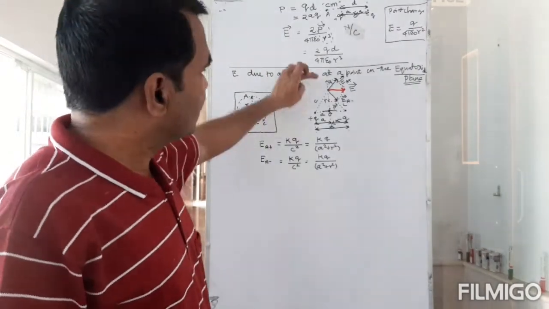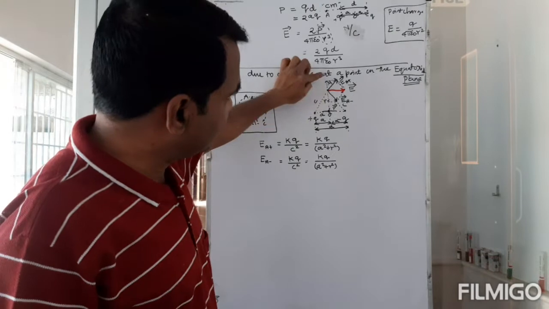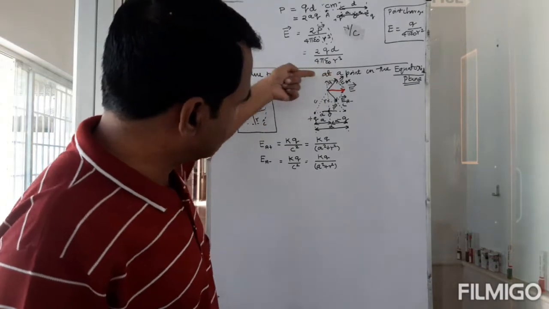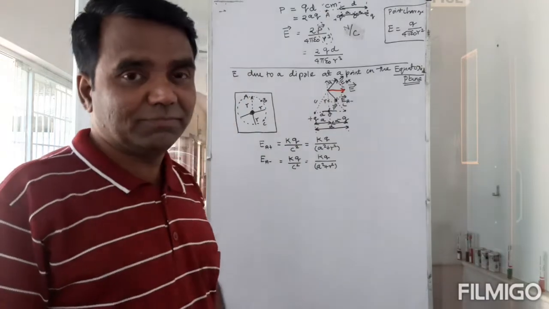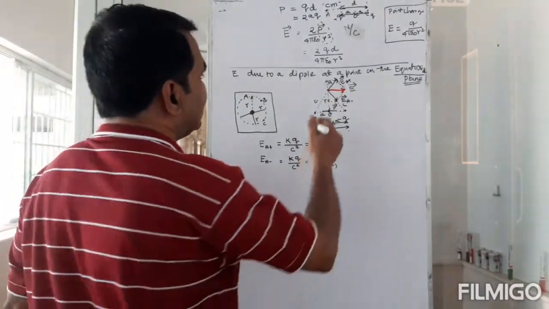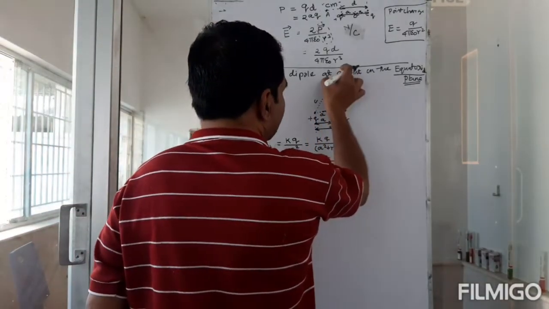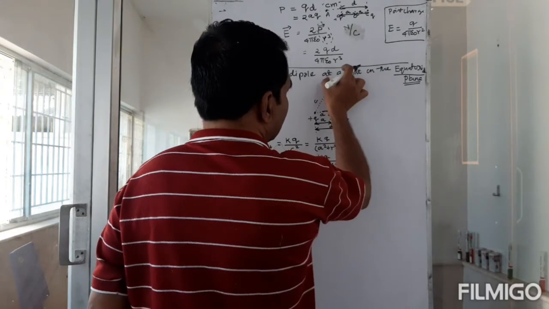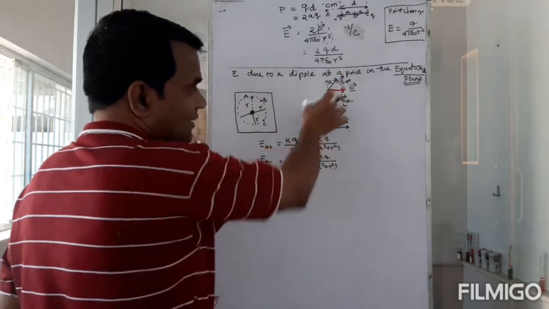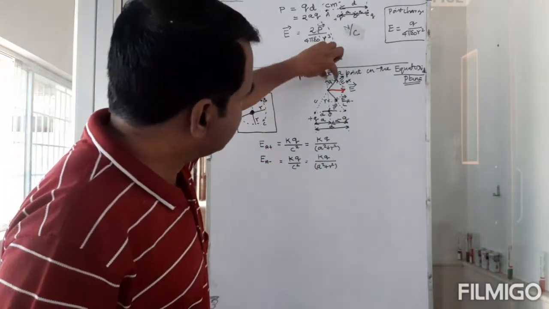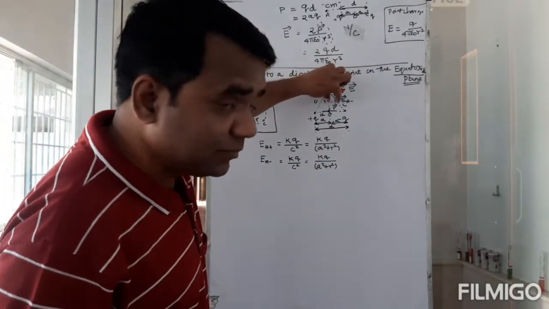So this part and this part will get cancelled, but this part is in this direction, and this is also in this direction, so they will get added up. If we find this part, that is going to be equal to this part, you can see the symmetry.